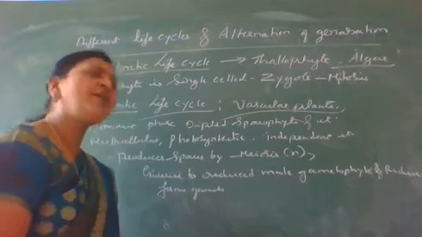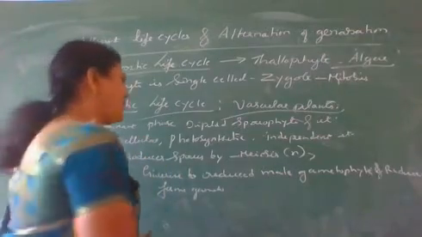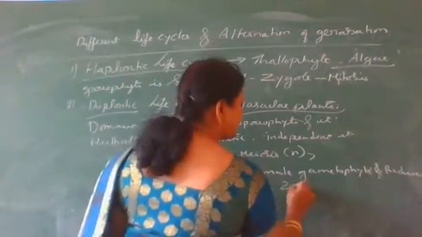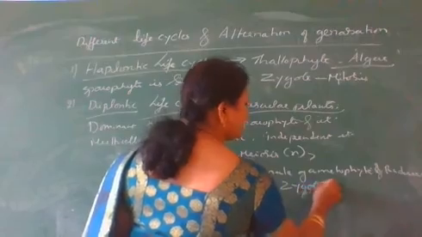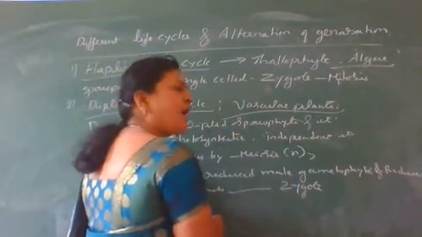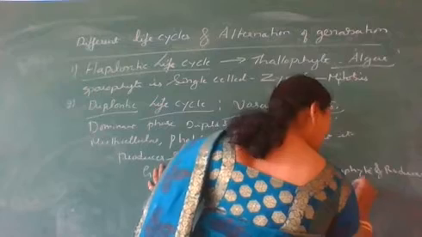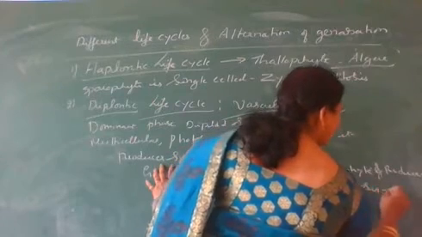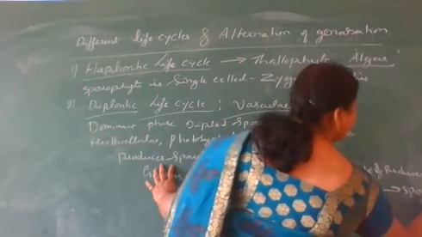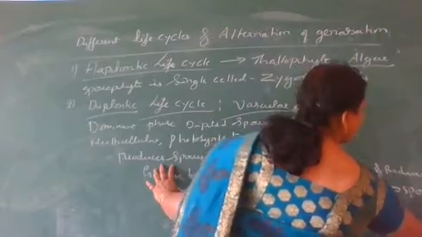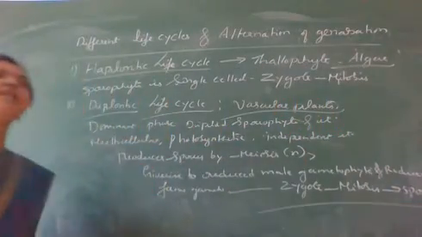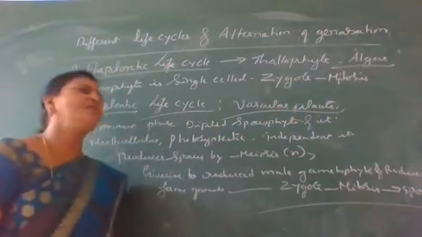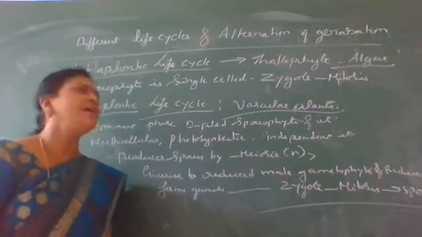Now the fusion of that male and female gamete again gives rise to a zygote. That zygote now undergoes mitosis, which results in again a sporophyte. So the major plant body is diploid, which is called the sporophyte.